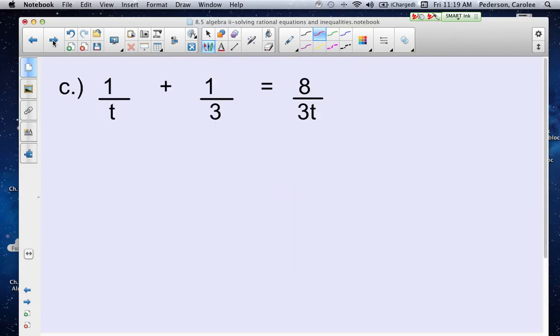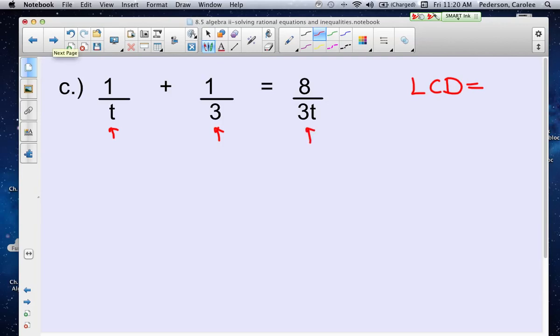All right, let's go on to this example. We have 1 over t plus 1/3 equals 8 over 3t, and we want to find out what is the value of t. There are multiple fractions going on the left side, so we want to find the LCD. The LCD, the least common denominator: I have a t in the first fraction, I have a 3 in the second fraction, I have a 3t.